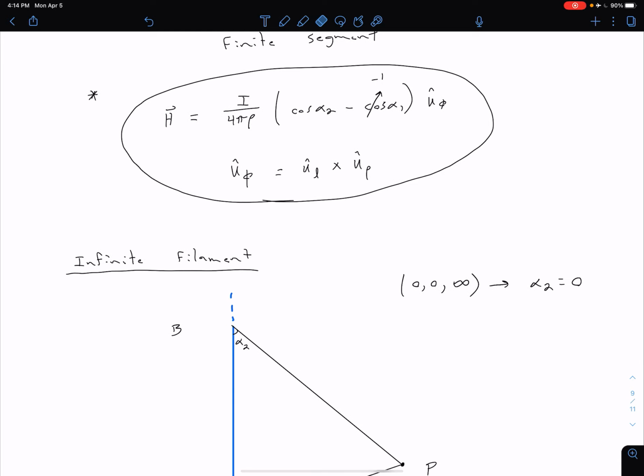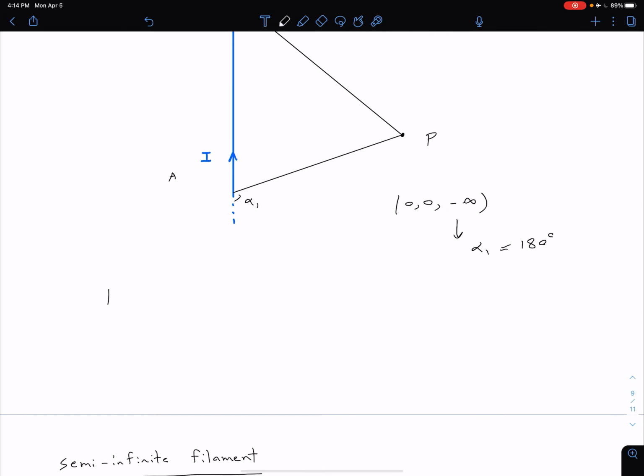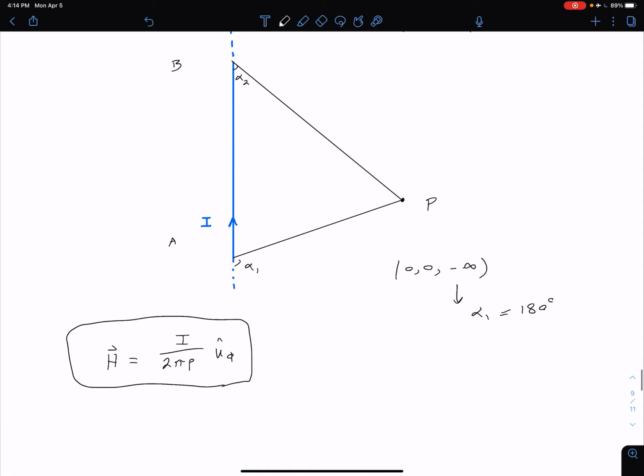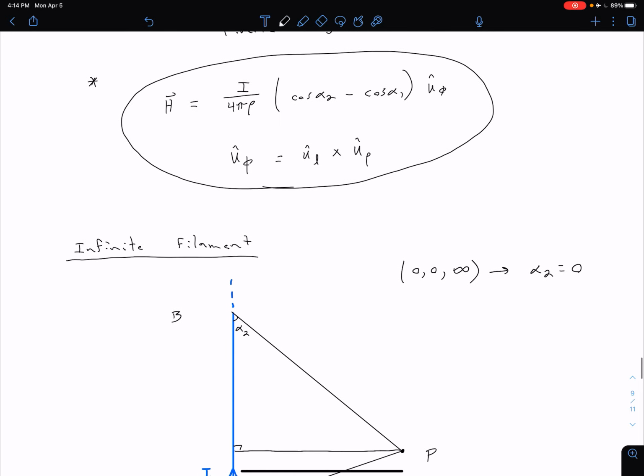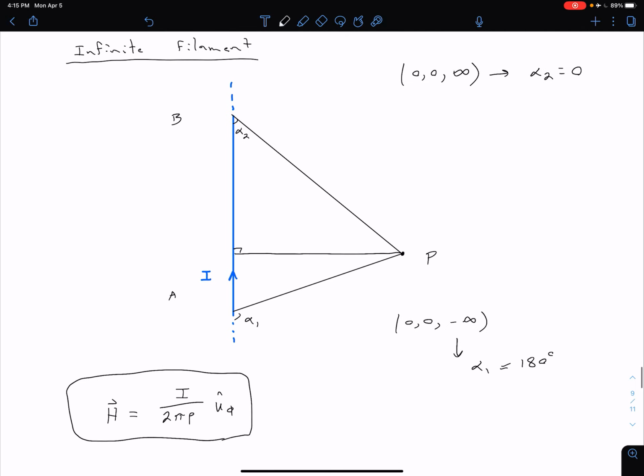And so we can write an updated expression for this special case of an infinite filament as H is equal to I, the current in the filament, divided by 2 pi rho in our phi direction. And again, keep in mind that our rho is still the perpendicular distance from the point of observation to our filament, and our phi is our locally defined phi direction, which is U of L cross U of rho. So that's our infinite filament.